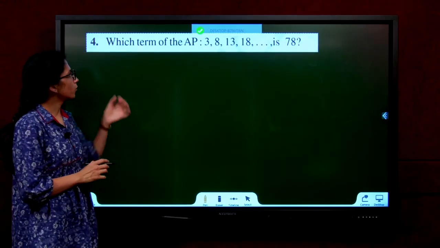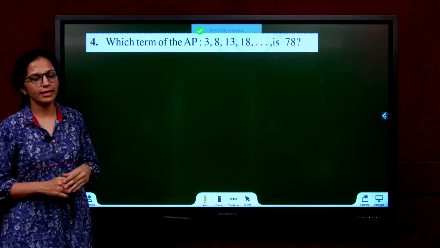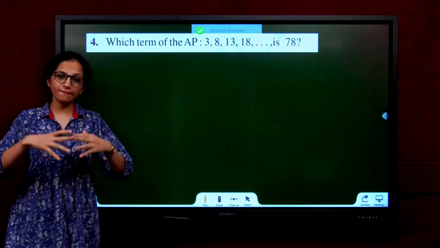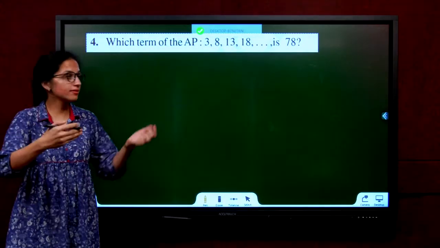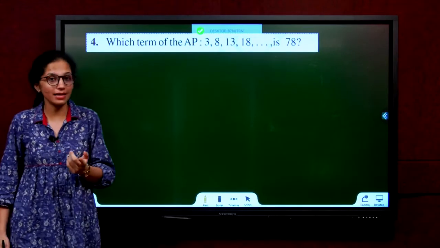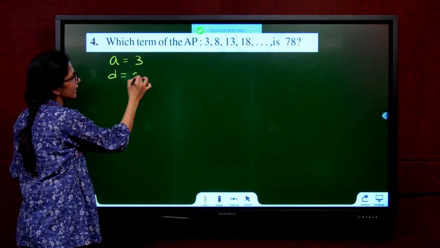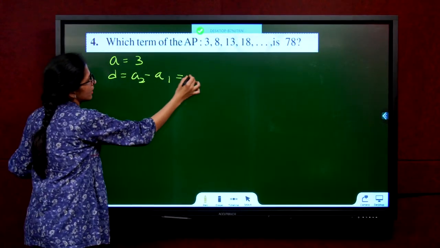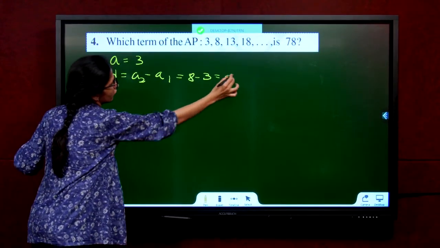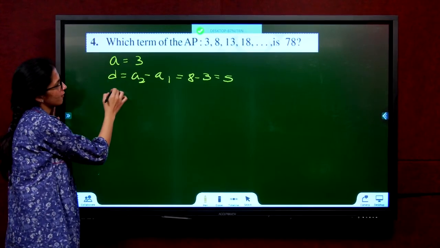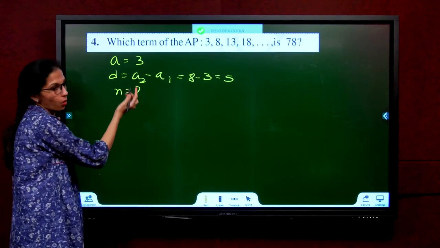Question 4. Which term of the AP is 78? By now you should have understood when they say which term, they tell you the nth term of the AP is 78. What is n? So here A given is 3, D is A2 minus A1, 8 minus 3 which is 5, and n we don't have, we want it.